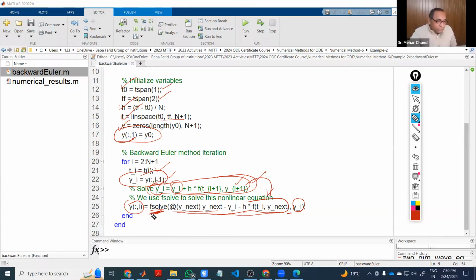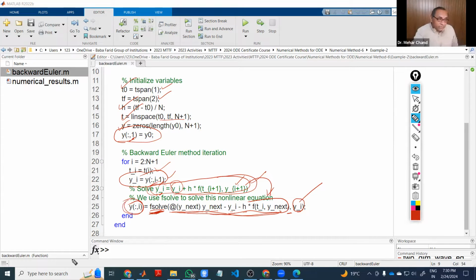In detail we can discuss it in coming sessions, but due to lack of time I did not introduce more detail about this function. We have to put the differential equation at this place and comma yi. This value will be calculated from this expression, and the value will be stored on the left hand side.